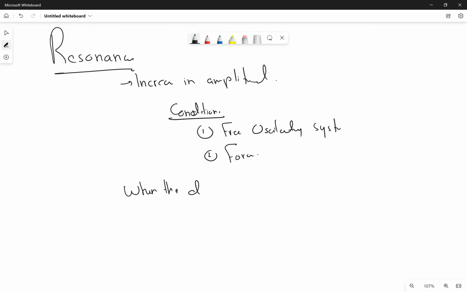The driving frequency matches the natural frequency. Amplitude grows dramatically.